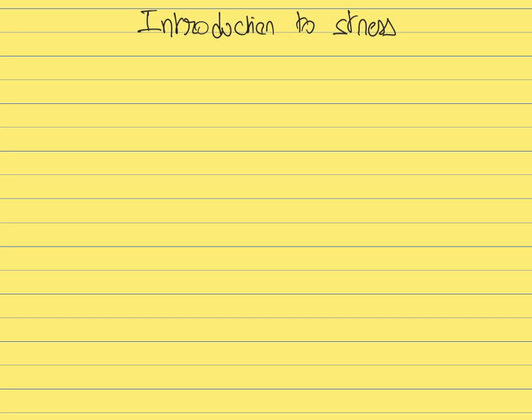But if you want to determine whether a given member is going to break or not, the load is not the quantity that matters. Why? Because in addition to the load, there is another factor that matters, which is the geometry of the member.